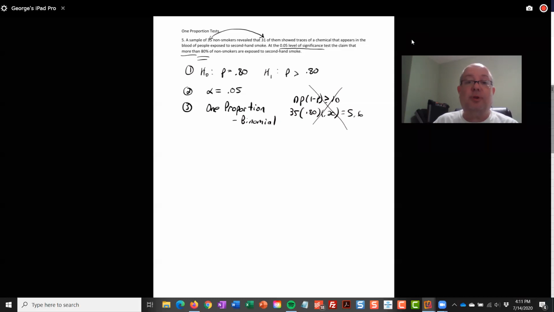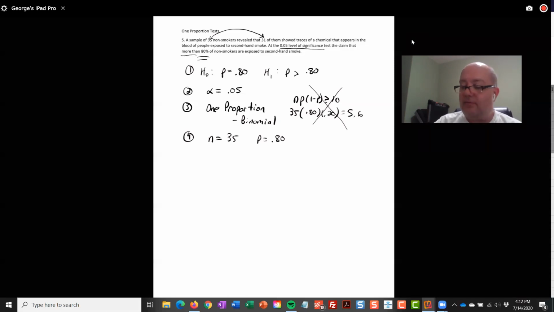To do that, there's a couple of things that we need to know heading in. First, in the calculator, we need to know what to use for N. N is the sample size, that's 35. Next, we need to know a value of P. That comes straight from the null hypothesis, 0.80.